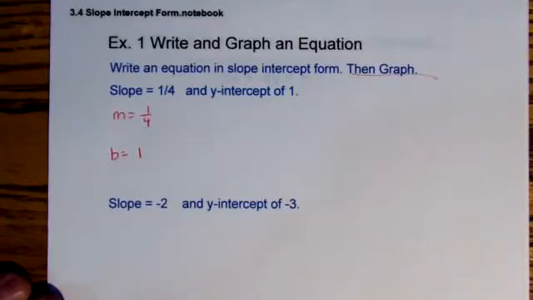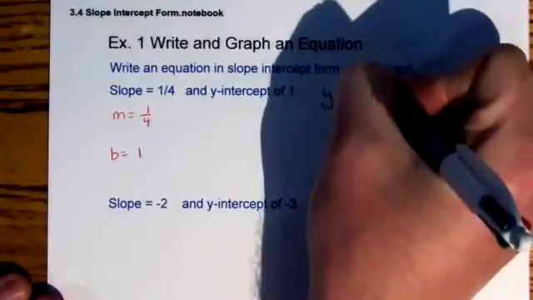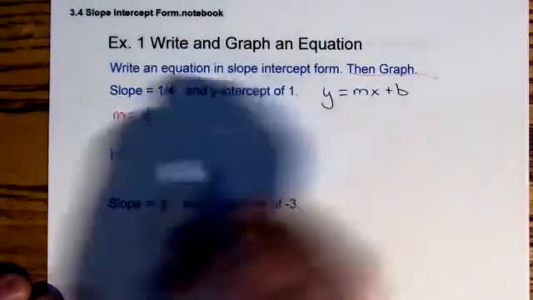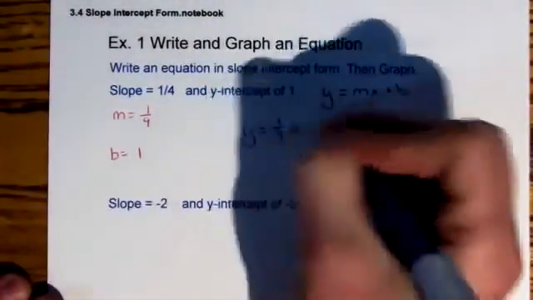Now I just plug these into the equation y equals mx plus b. I write my equation, y equals mx plus b, and I just substitute. Where I see an m, I'm going to put 1/4. So y equals 1/4 x. In place of the m, I put 1/4 because that's what it says.